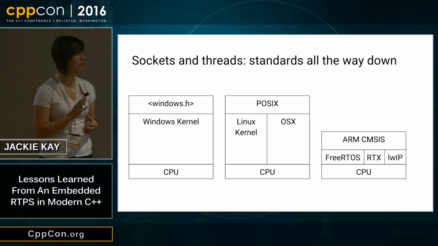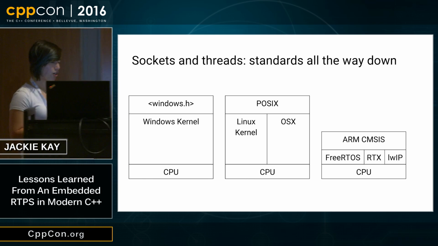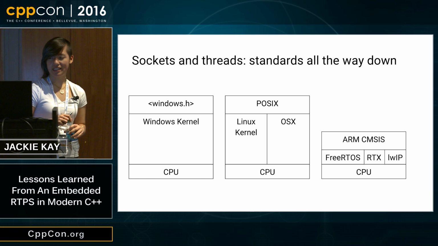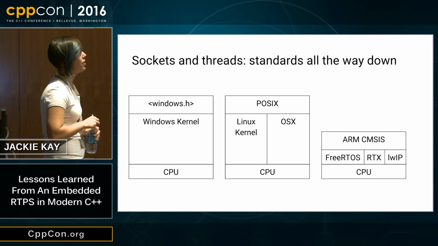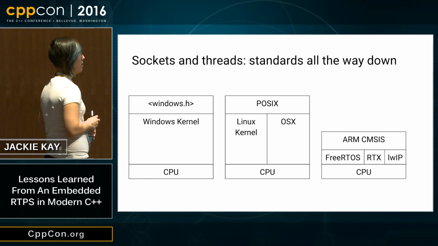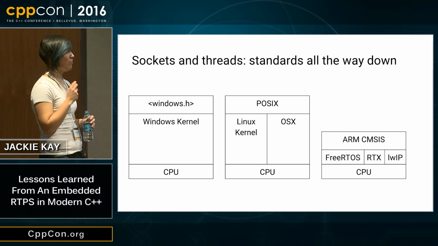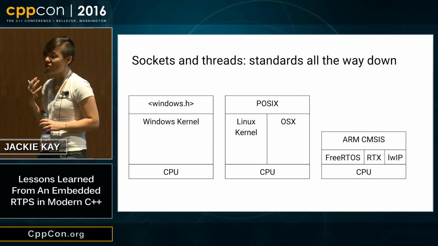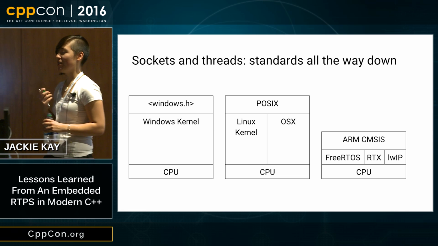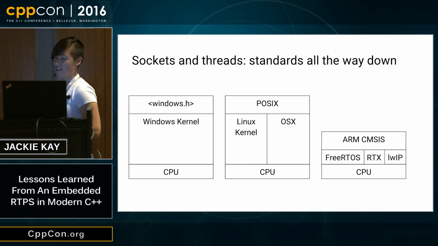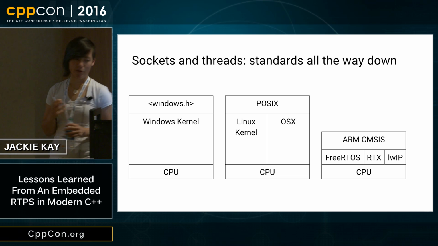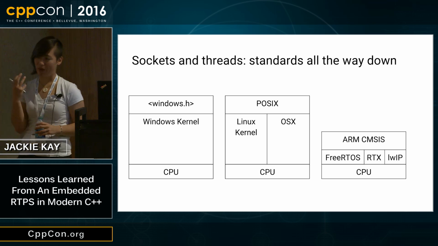In the ARM no OS world, which is what we're talking about today, there is, as I mentioned before, an abstraction layer between different real-time operating systems, and those real-time operating systems provide threading abstractions. There's also an interface to this library called Lightweight IP, which I pronounce in my head as LWIP every time.